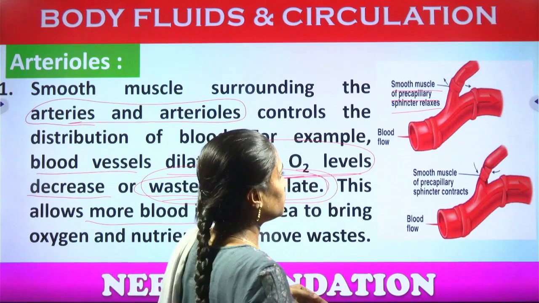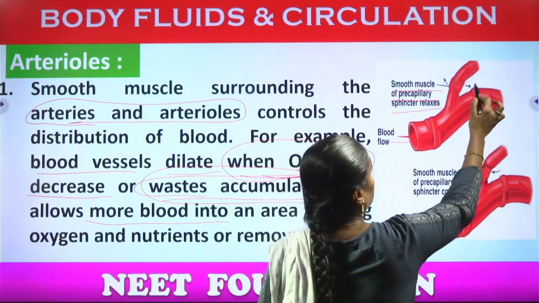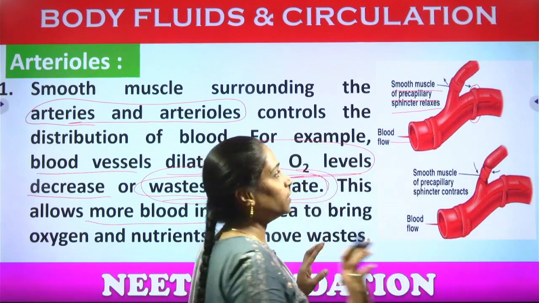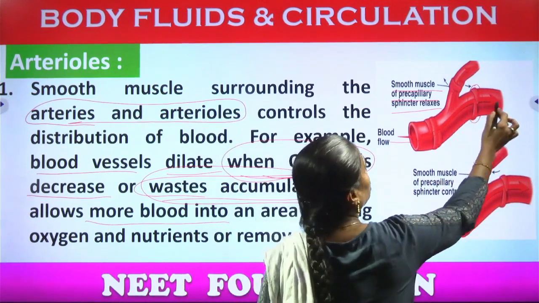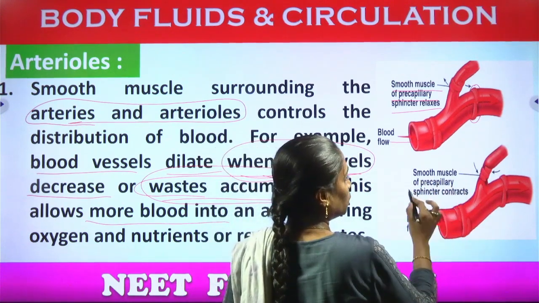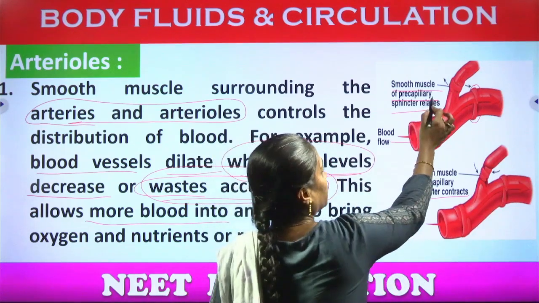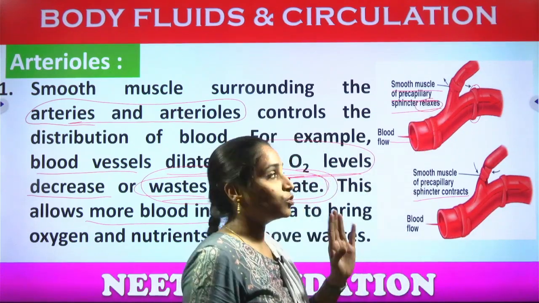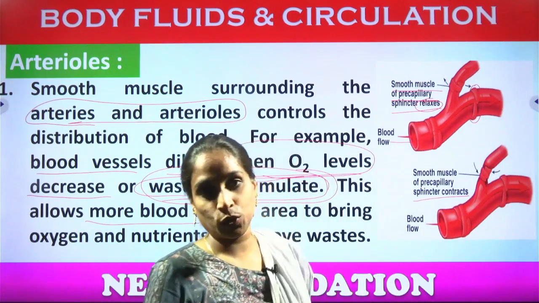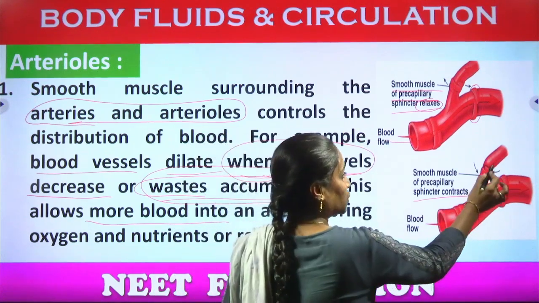Here the blood is flowing. This is the sphincter muscle in a relaxed position, so that the blood is able to move. Now the smooth muscle of the precapillary sphincter contracts. Previously it was in a relaxation mode so that the blood could move in the arteries and arterioles. Now the sphincter muscle is in a contraction position.